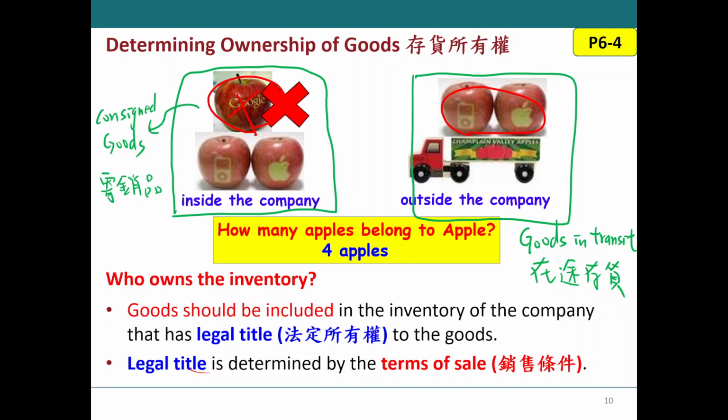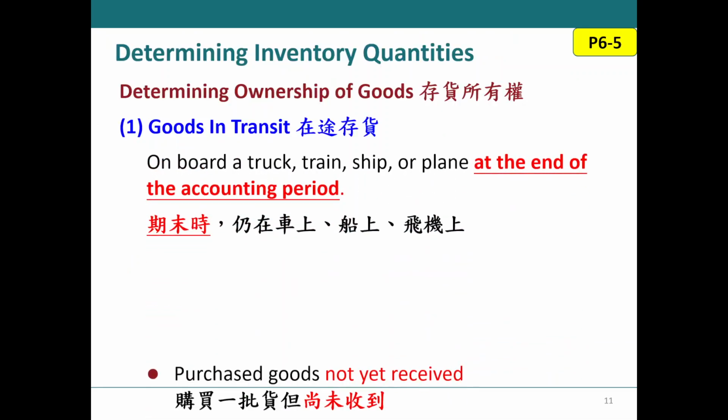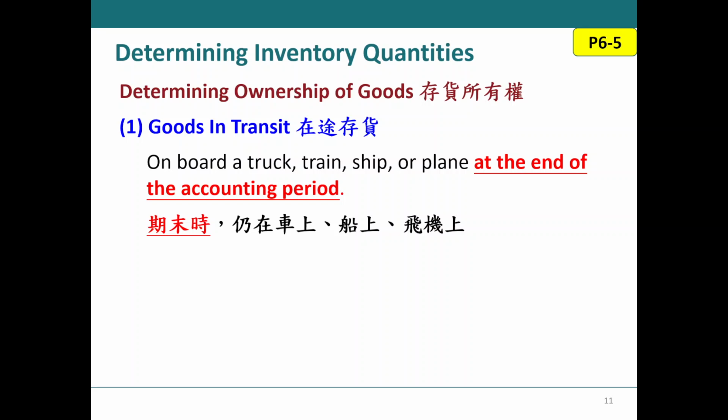So what does goods in transit mean? On the way, right, on the way to the destination. It's not in the buyer's company, and it's not in the seller's company. It's on the way. Maybe on the boat, on the ship, on the car, on the airplane, on everything.